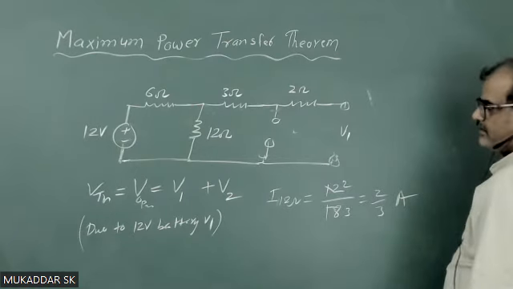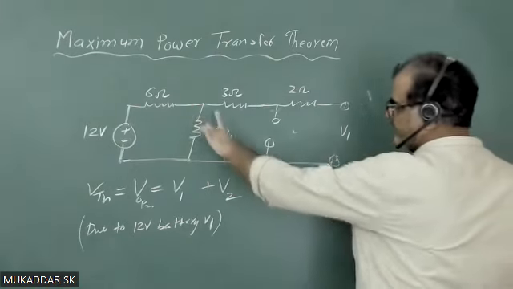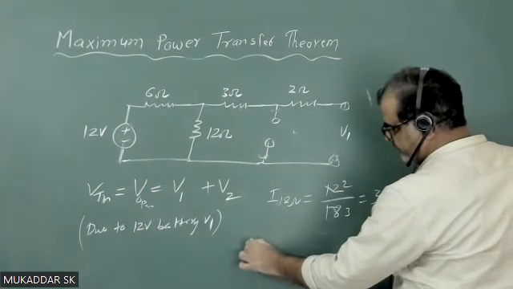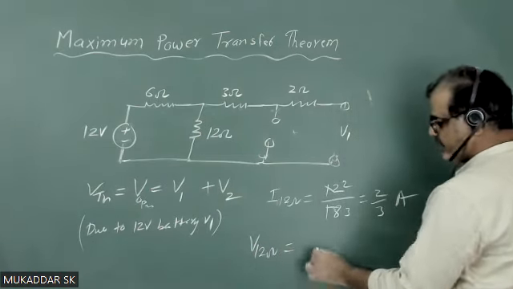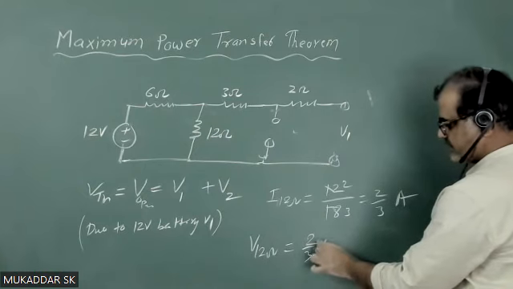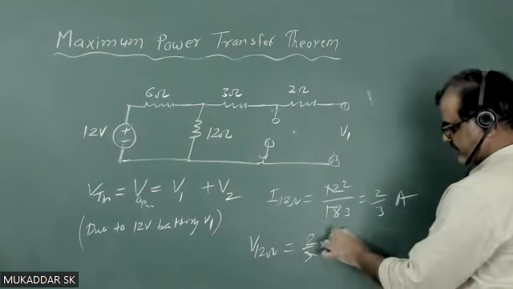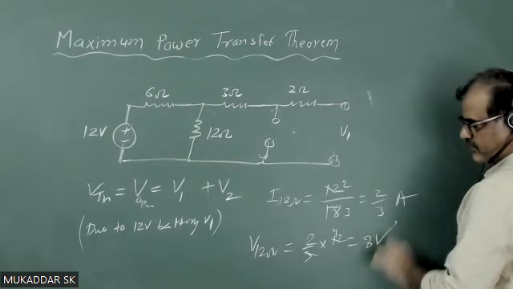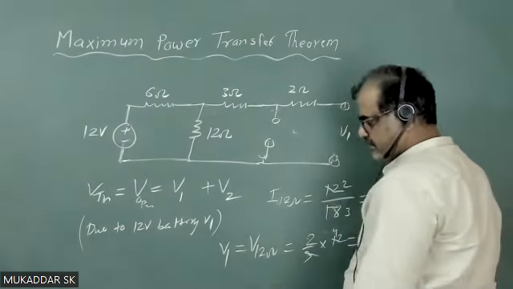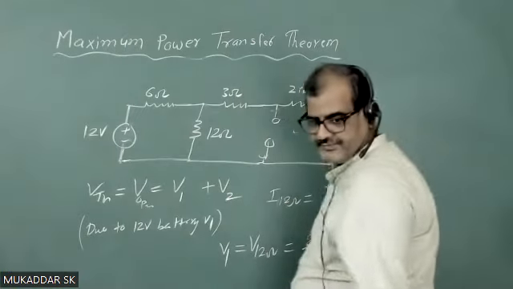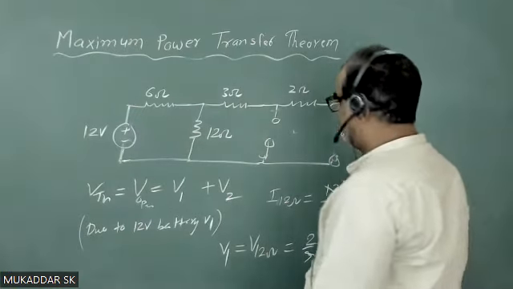Now V1 is the voltage across the 12 ohm resistance, which is 2 by 3 current into 12, and this becomes 8 volts. So my V1 is 8 volts.